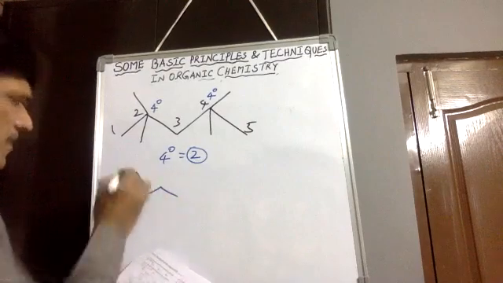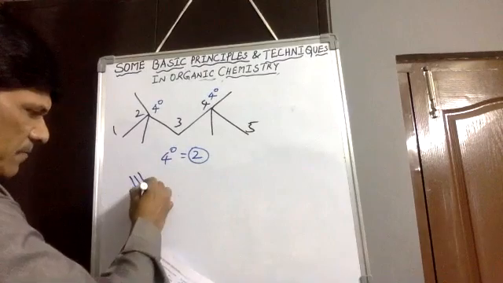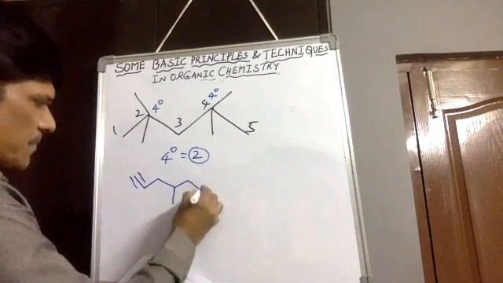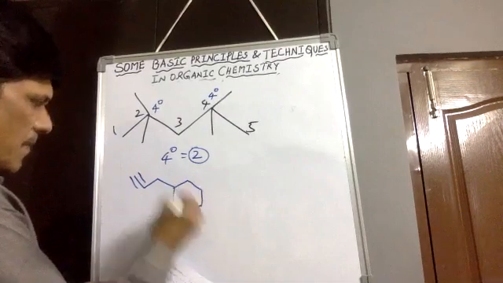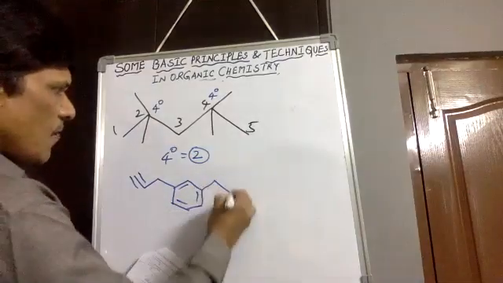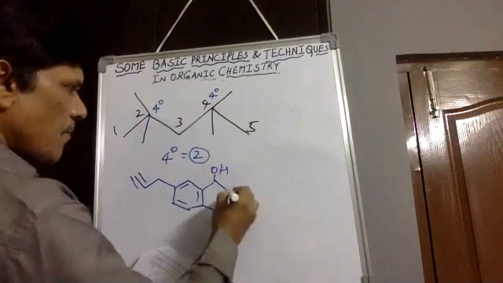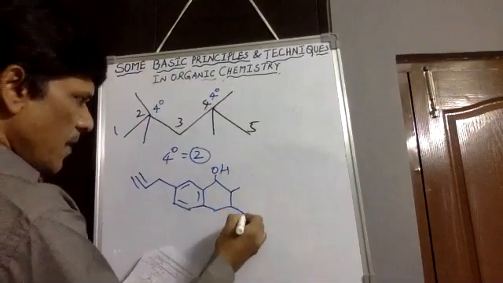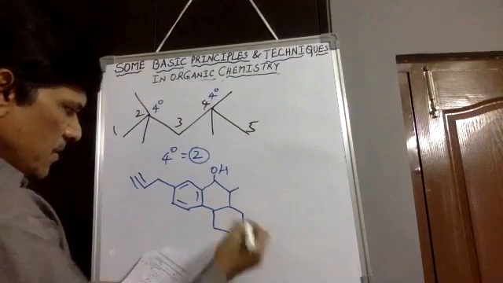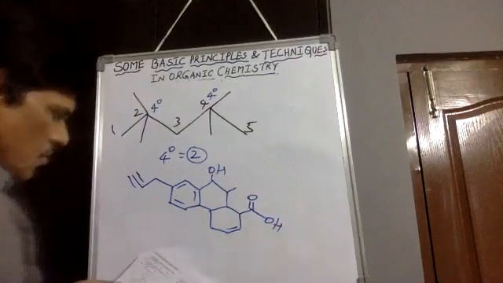Here a triple bond exists, and the triple bond extension is not given. Then here we go with a structure like this. Then double bond, double bond, double bond. One more cyclic group is there with OH and methyl, and one more cyclic group is there with one double bond and COOH, the acid functional group.